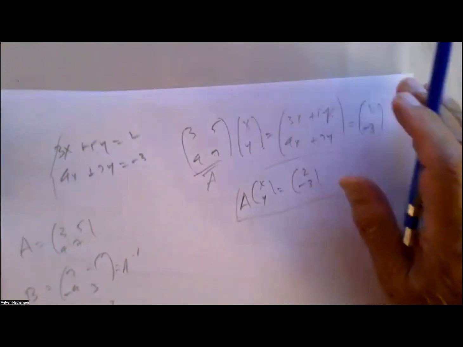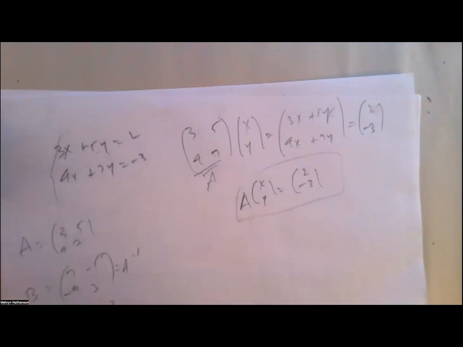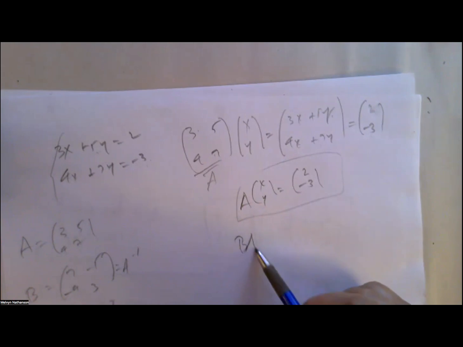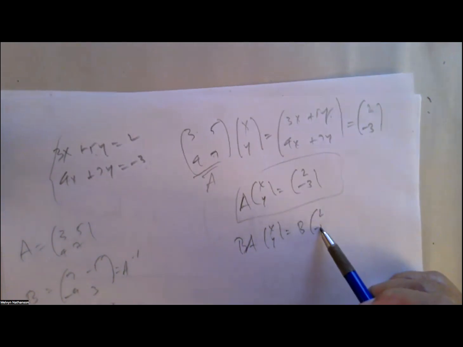So in this equation, let me multiply on the left by the matrix B. I would get BA times x, y equals B times 2, minus 3.